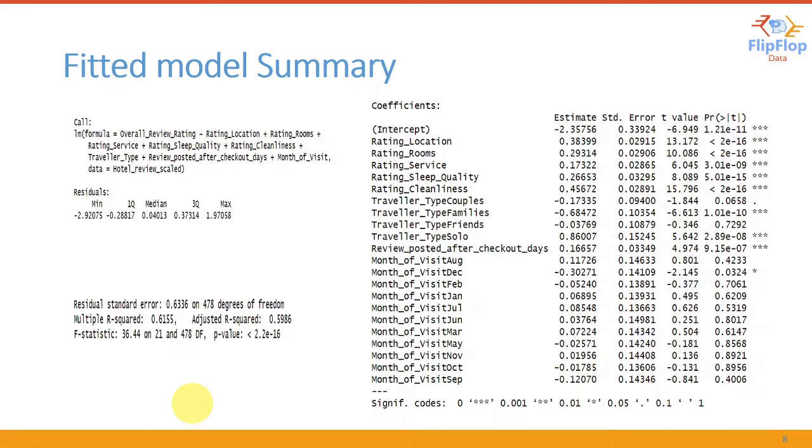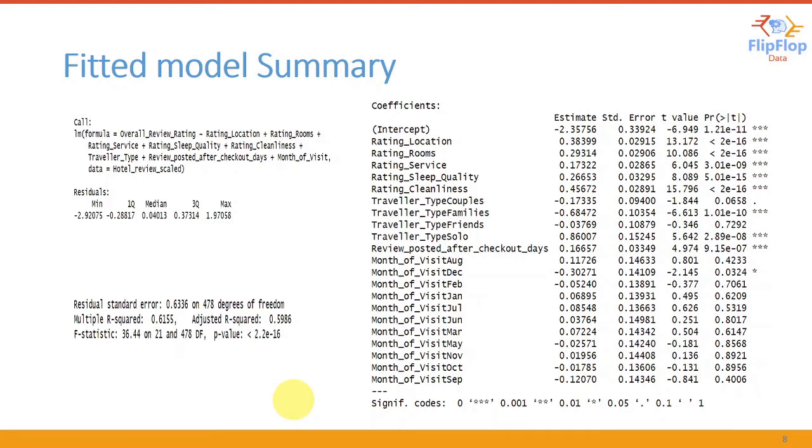Second is degrees of freedom, which is 478 over here. So how is degrees of freedom calculated? It is total number of observations minus number of independent variables minus 1. Our observations over here are 500. We have total 500 rows in our data set.